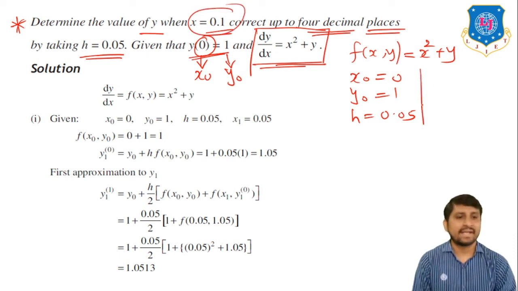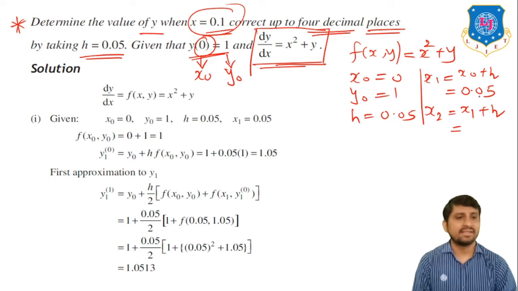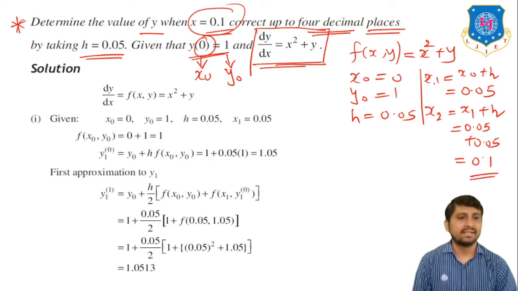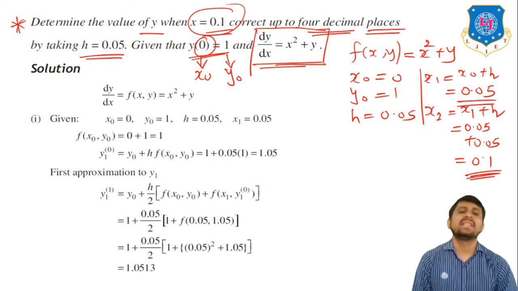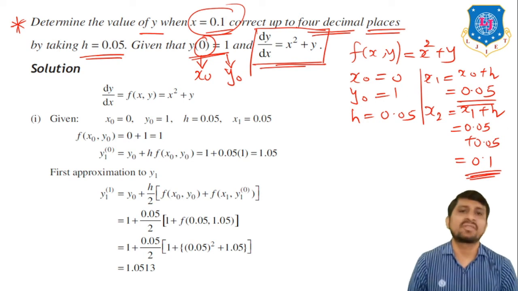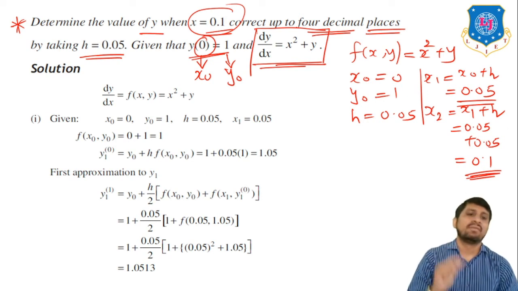So what is your x1? x1 is x0 plus h, so 0 plus 0.05 is 0.05, and x2 is x1 plus h, that is 0.05 plus 0.05, so 0.1. So x1 is 0.05, x2 is 0.1, which means you have to find approximations up to y2.